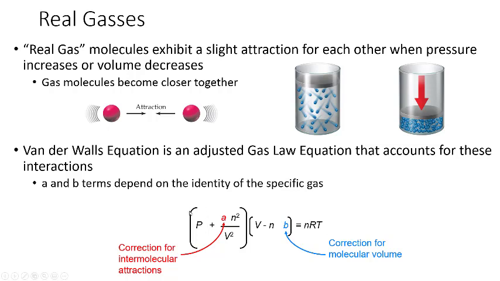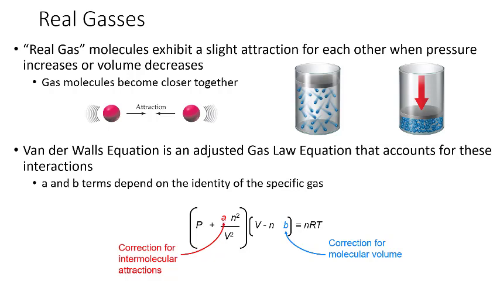But what we can see here is that this pressure and volume are adjusted by a fudge factor. So the pressure is adjusted by A times n squared over V squared, where n is our number of moles and V is our volume, and A is a correction for intermolecular attractions. And this A term is specific to each individual type of gas.